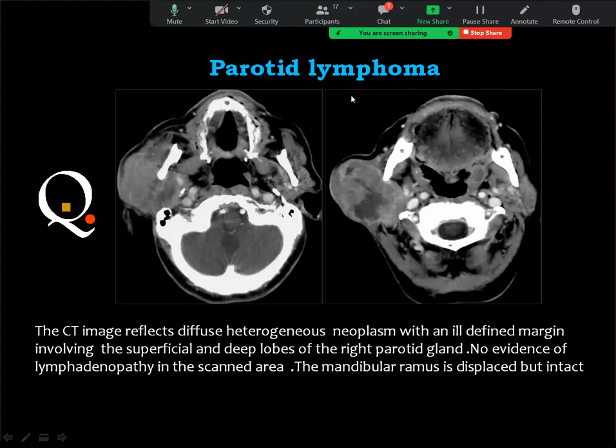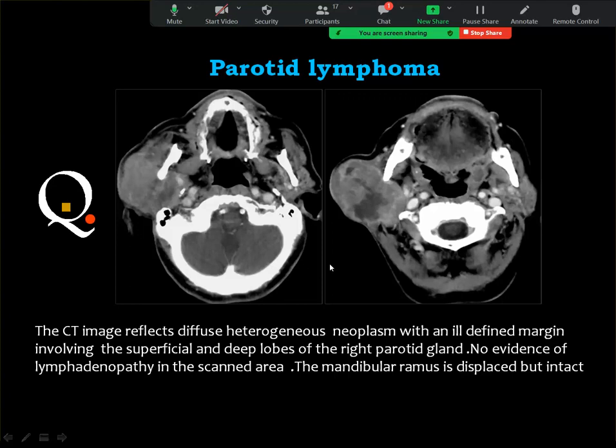At biopsy, it happened to be a parotid lymphoma. Parotid lymphoma is not usually heterogeneous, and there are no areas of breakdown in most cases, but it happens so. Many clinicians refer the patient for a PET scan instead of having a biopsy, and this is useless, of course.